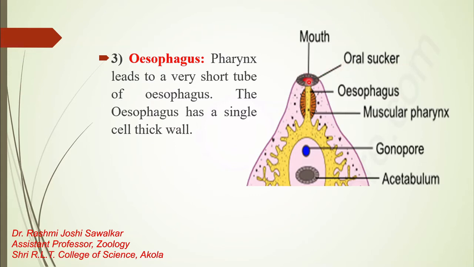This mouth leads into a narrow tubular structure covered by the thick-walled, muscular pharynx. After the pharynx, the narrow tubular structure is called the esophagus. The esophagus connects the pharynx to the intestine. It is a small tubular structure; the pharynx leads to a very short tube of esophagus. The esophagus has a single-cell-thick wall.